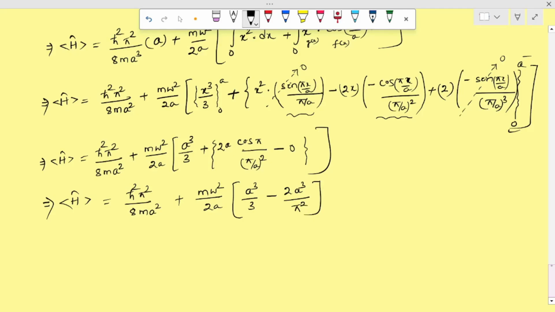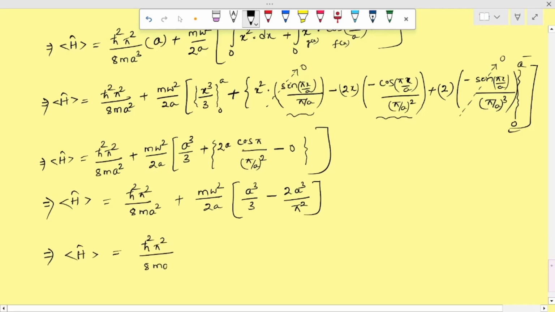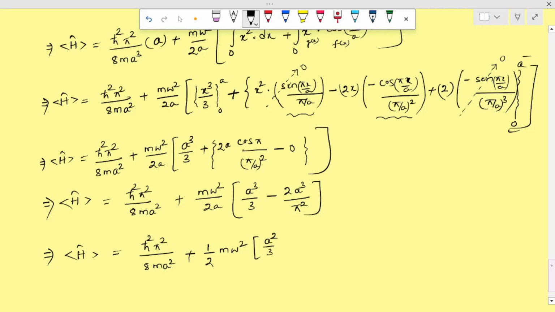So finally we found the expectation value of the Hamiltonian is ħ² π² by 8ma² plus, here 1 by a multiplied with this term and this term, half mω² is there, so if 1 by a multiplies it, we get a² by 3 minus 2a² by π².